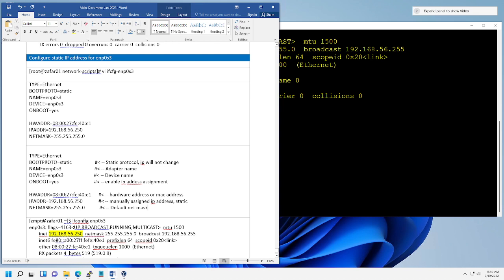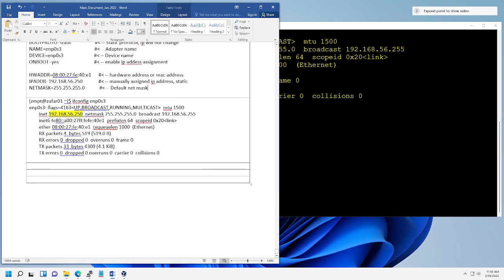It's going to be the same almost all the time, even when working on live systems at work. All right, so that's how you assign the IP address, your static IP address.